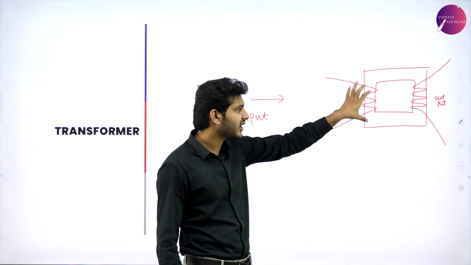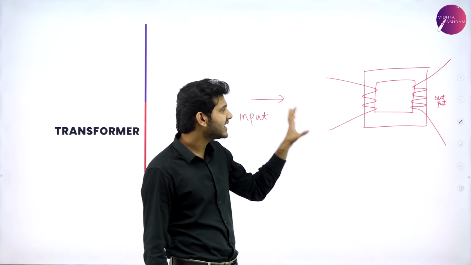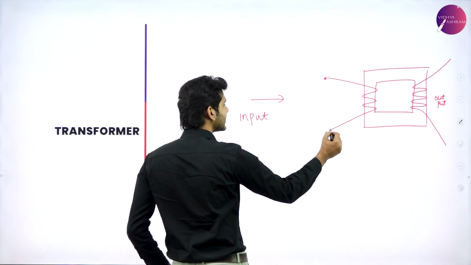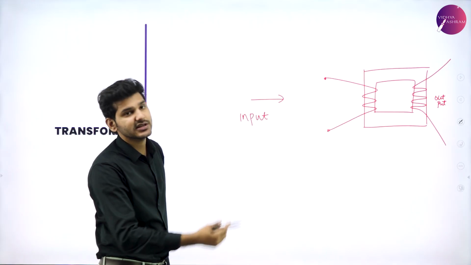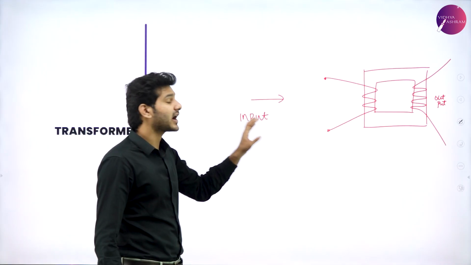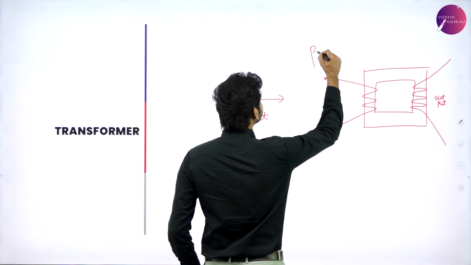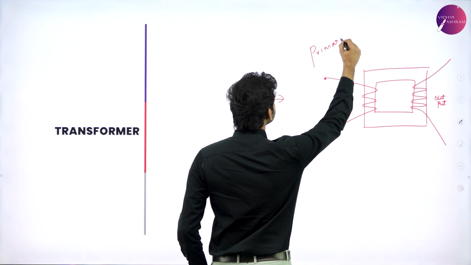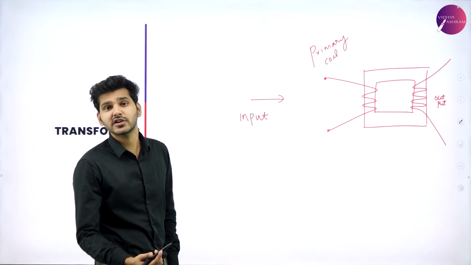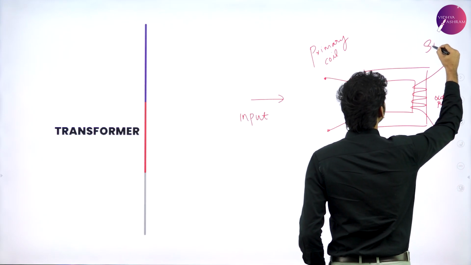This framework and these windings have names. The input terminal, where the input happens, with its windings or number of turns, is known as the primary coil. And automatically we know the name of the other coil, that is the output coil. It will be the secondary coil.